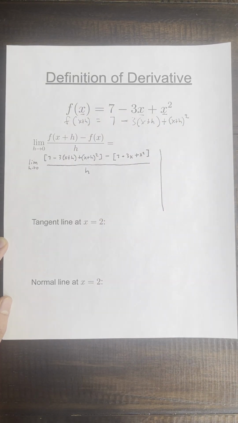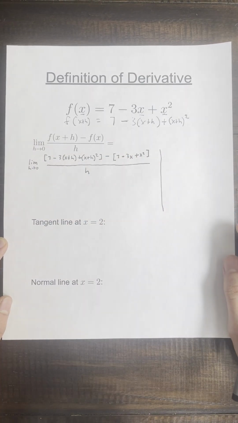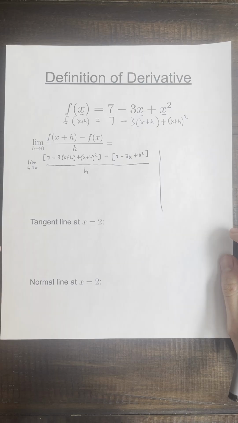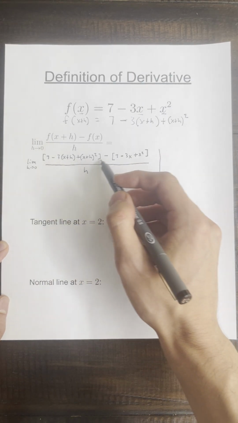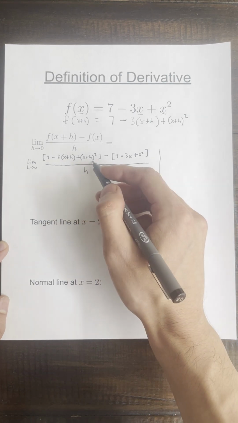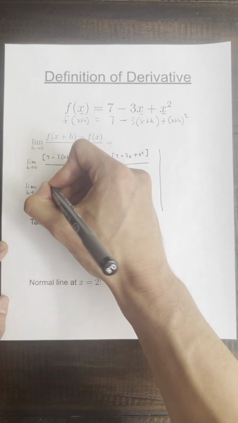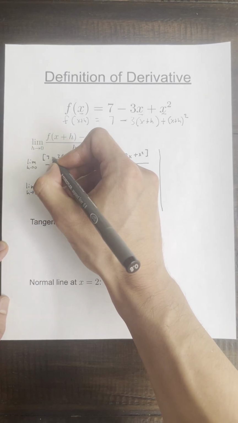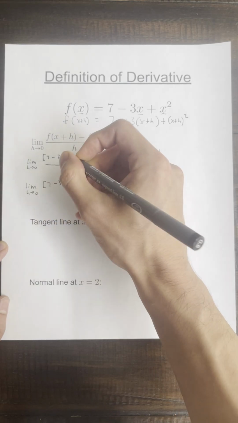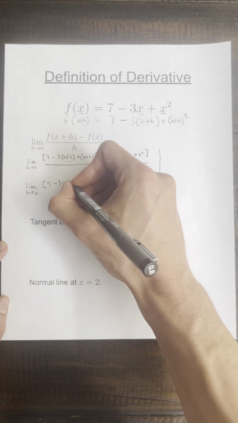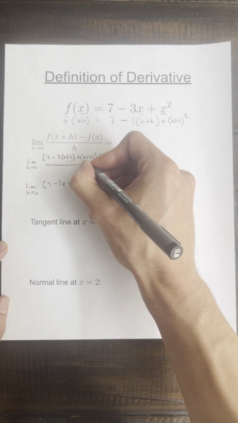Okay, how do we simplify this expression? Well, we're going to need to simplify what's inside the brackets first, so get rid of the parentheses. Let's go ahead and do that. So negative 3 times x, that's minus 3x, negative 3 times h, minus 3h, plus, what does this simplify as?